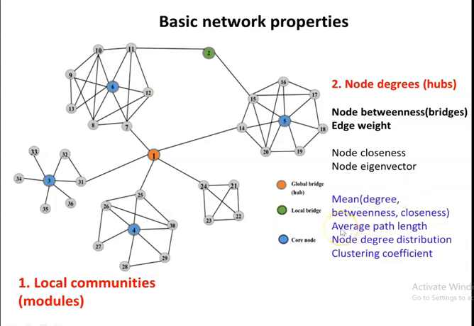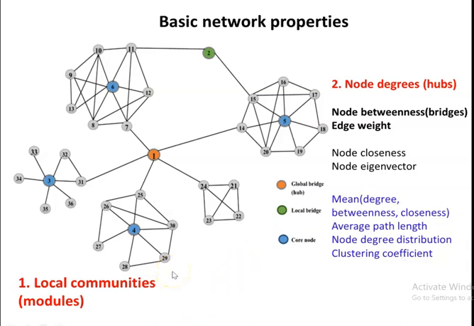Another property that we can use to compare one network to another is average path length, which is going to be only one number. Another one is node degree distribution, which is a graph, and I'm going to talk about it in the R tutorial itself. Another number that we can compare is the clustering coefficient of one network to a different one.